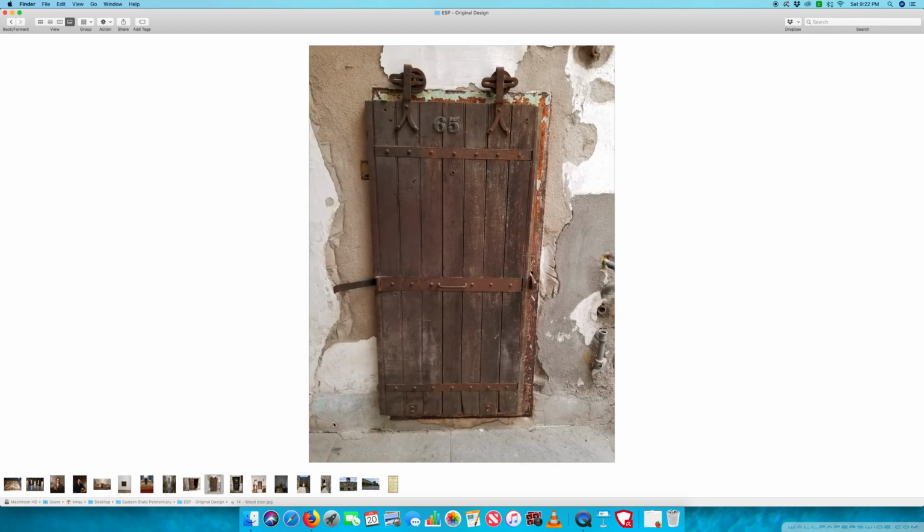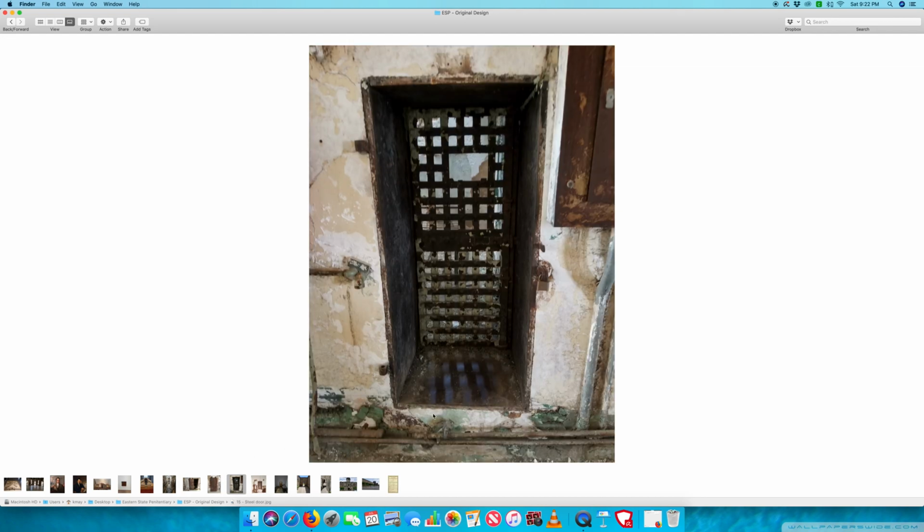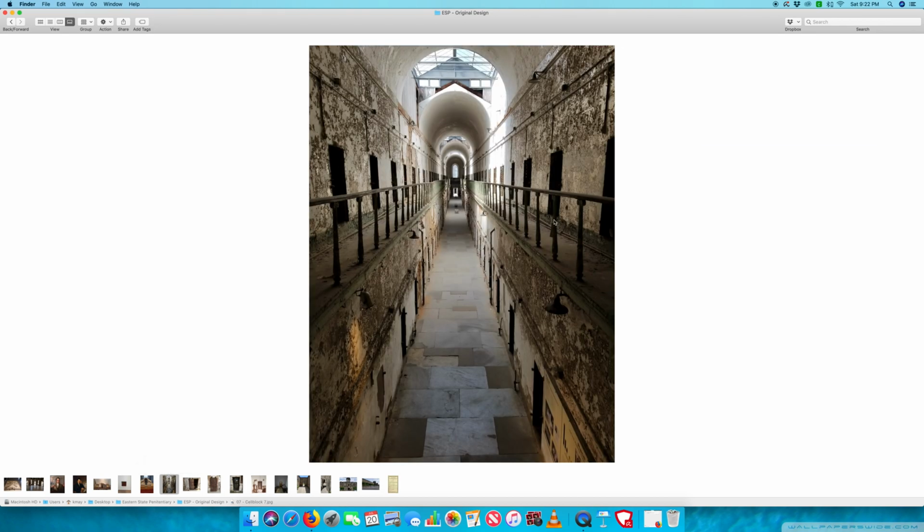You can see this big gap where you have to step up onto the cell entryway. You can see that very clearly here where there's a rise here. That's a very unusual thing to see. You wouldn't see that in prisons now, a physical barrier that prevents an officer from getting in or dragging an inmate out, whatever it might be.